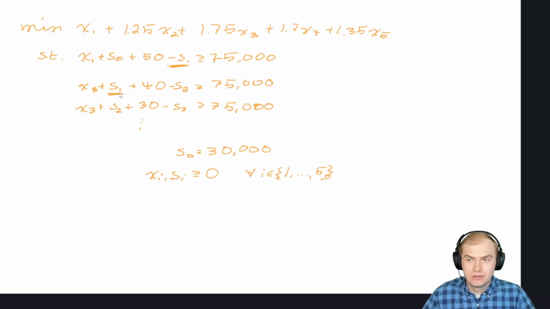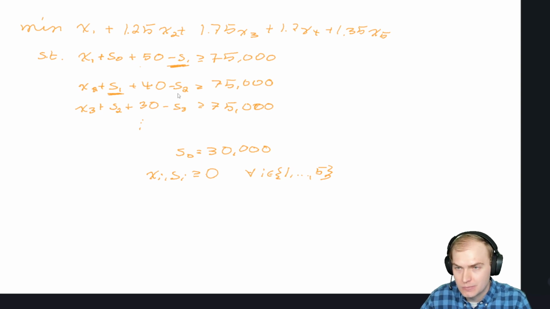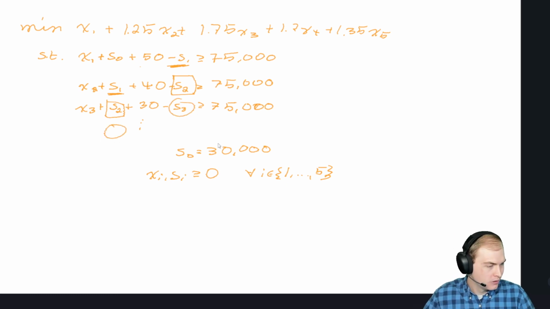So there's overlap in that both constraints have the same variable, if that's what you mean. And just the same, this S2 is the same as this S2, and this S3 is the same as the S3 that would show up going down.